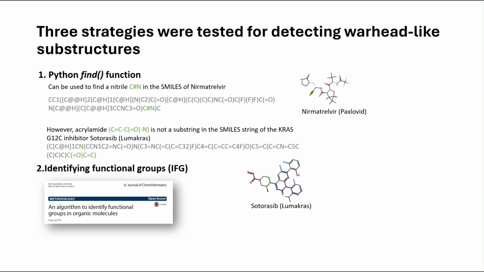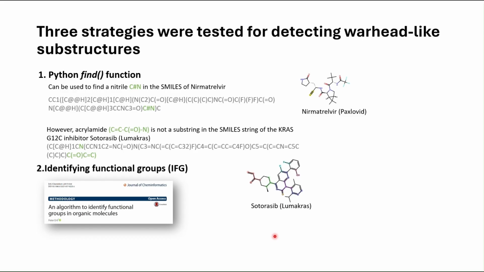I did some literature search and found the IFG algorithm published by a former Novartis scientist, Peter Ertl. This algorithm provides an elegant way of finding functional groups and is very popular among cheminformatics scientists. The IFG algorithm is designed to crawl through atoms of a compound and use a series of steps to identify functional groups.